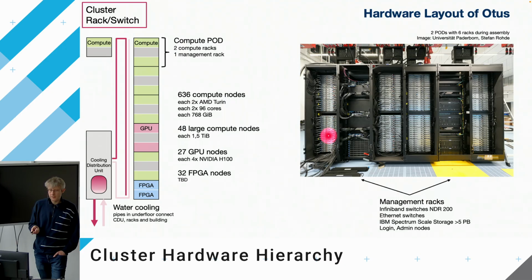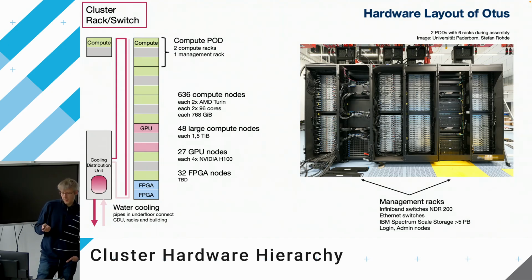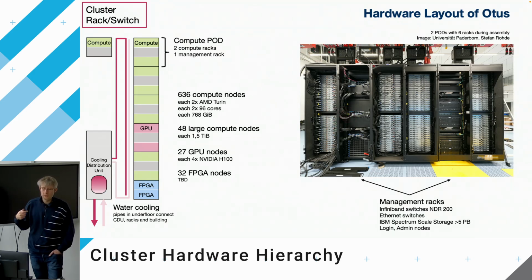This is a picture during the assembly of the cluster. We have the two outer racks where the compute units are inside, and then the middle rack where networking hardware and some administration nodes and so on end up. So we have 5 of these 3-rack groups, and then we have 4 more racks here on the side.